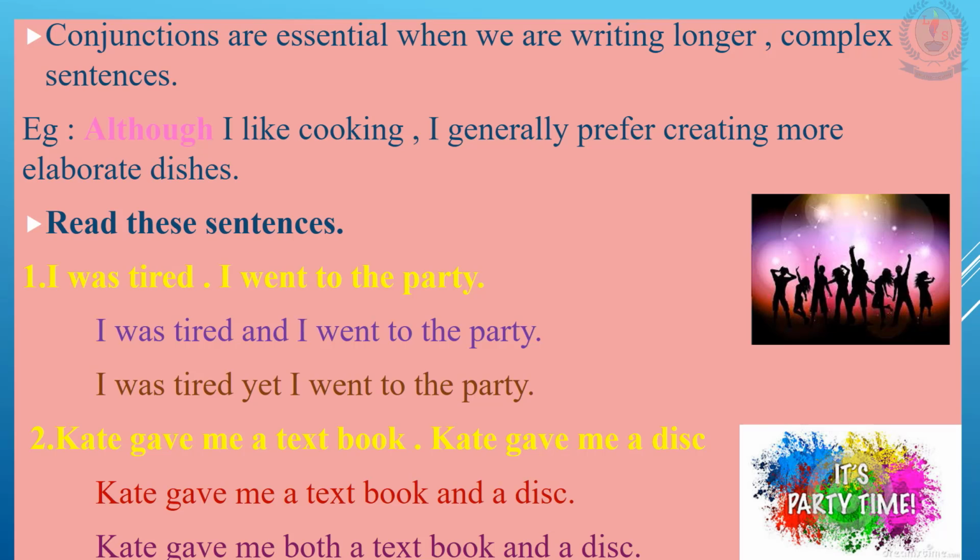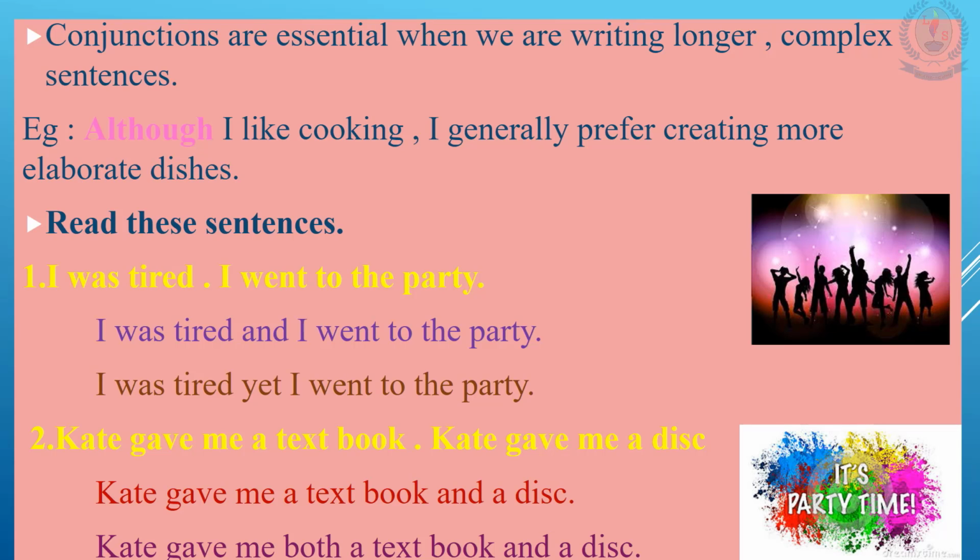So here we should choose a conjunction carefully, else the meaning of the sentence will change. If I use and, it doesn't convey that you don't like going to the party. There, the meaning of the sentence changes. So according to this sentence, the correct conjunction to be used will be yet. I was tired, yet I went to the party.